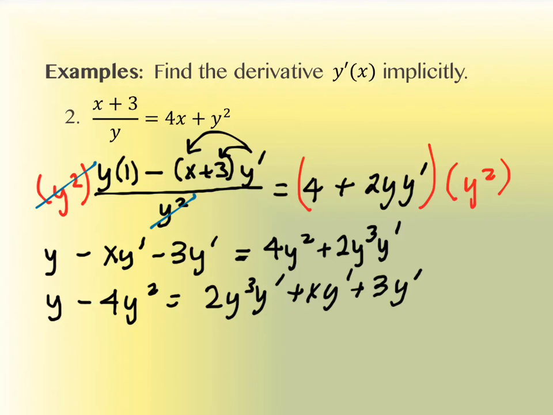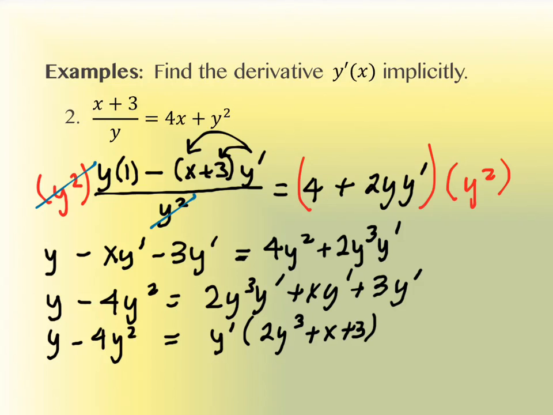Once you're to this point, what can you do on the right-hand side? Yes, we're going to factor out that y prime. Very good. So I have a 2y cubed plus x plus 3. And what's the last step then?